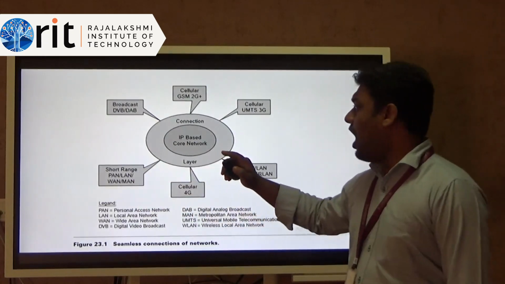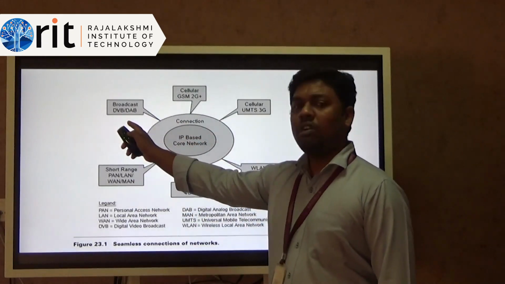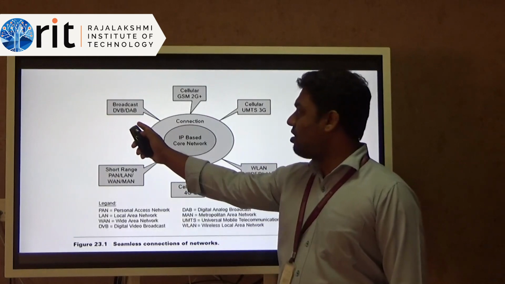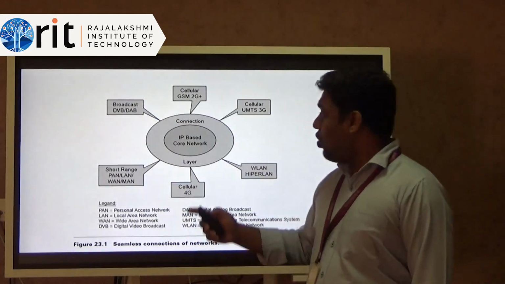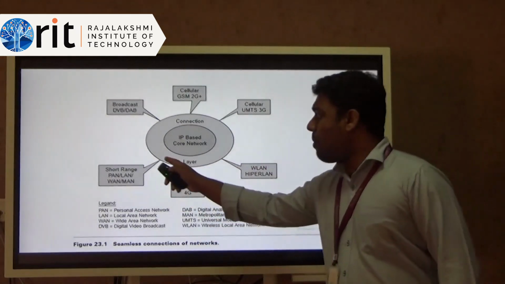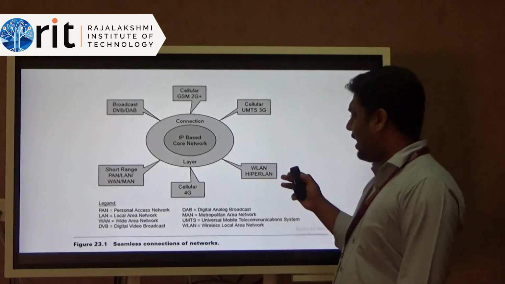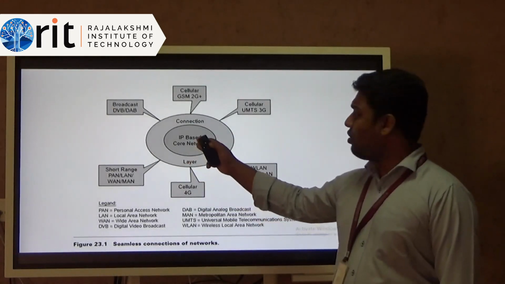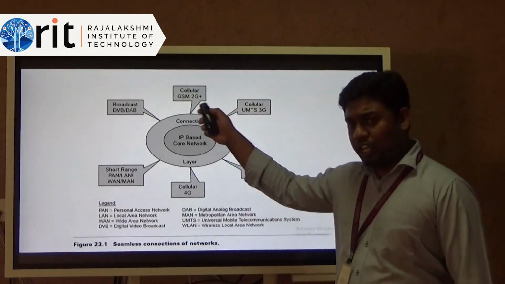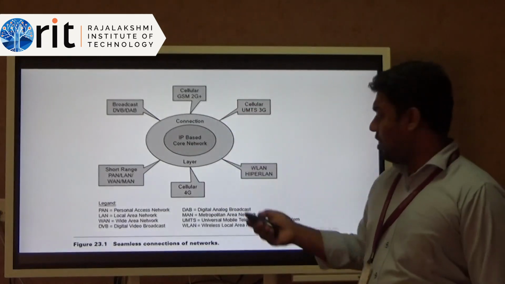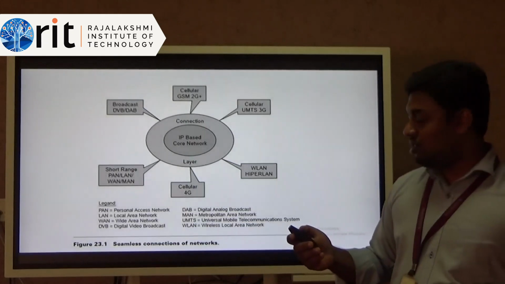Everything is connected, and this one is nothing but digital video broadcasting and digital audio broadcasting. So everything is connected to a common backbone and IP based network. Your data will travel through the IP network and go to the destination. So all the technologies are interconnected. So this is the seamless connection of this network.